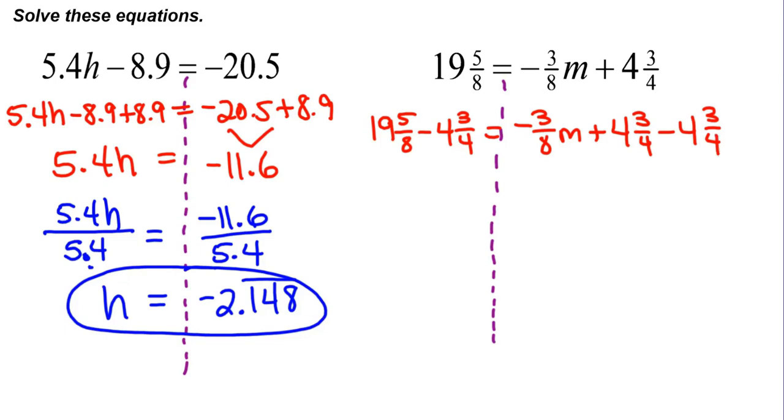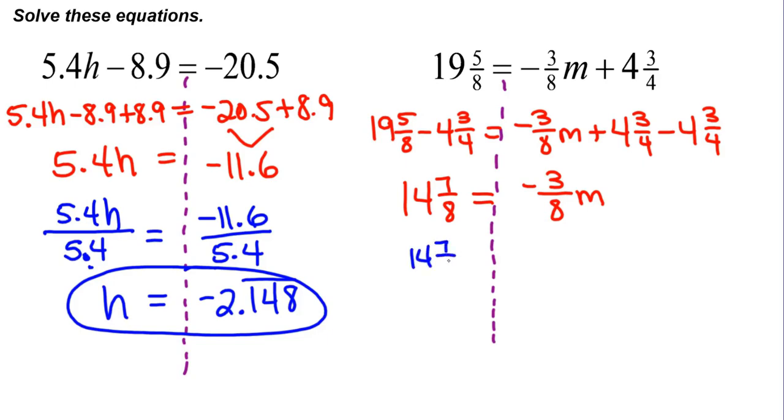On the left-hand side, I have negative 19 5/8 minus 4 3/4. And on the right-hand side, my negative 3/8 m plus 4 3/4 minus 4 3/4, and those will cancel each other out. On the right-hand side, I just have my negative 3/8 times m. And on the left-hand side, negative 19 5/8 minus 4 3/4 is negative 24 3/8. Now I move on to step two, undo the multiplication. I'm going to use division.